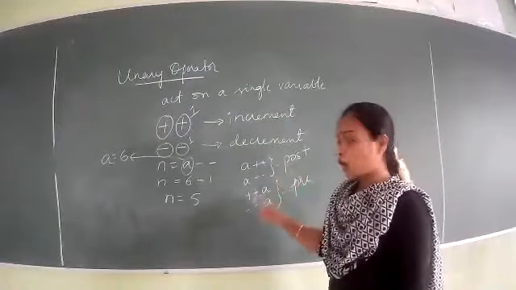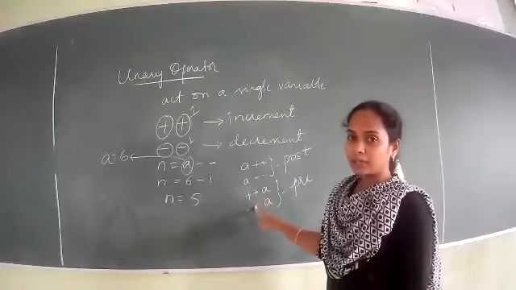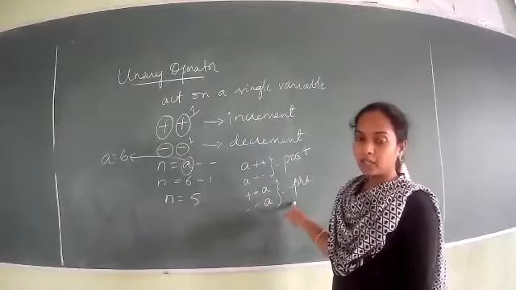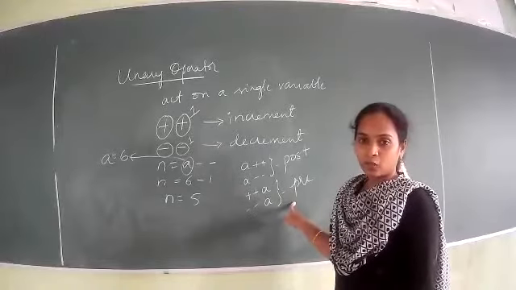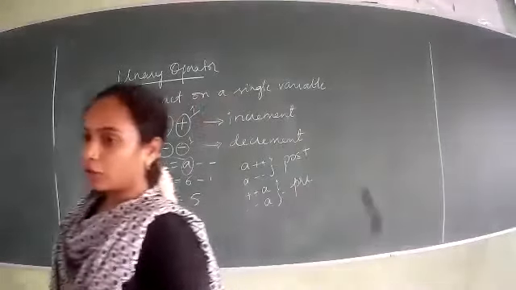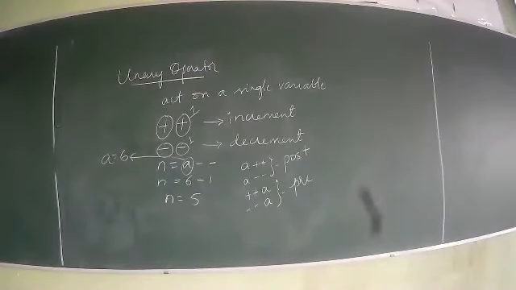In case the operators are before the variable, then it is called pre-increment or decrement. Unary operators are clear? All of you? Unary operators are clear?